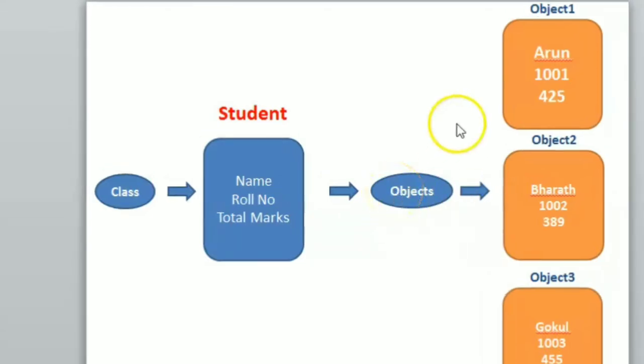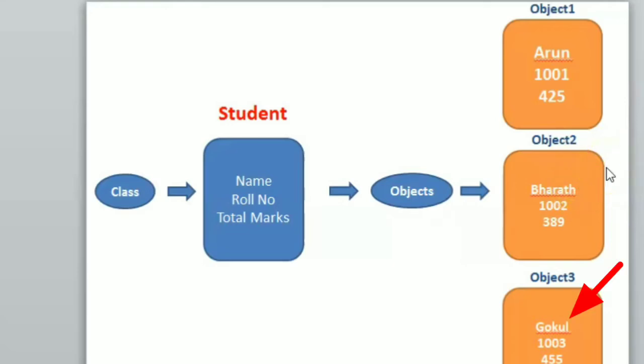For example, the first object contains the variables name Arun, roll number 1001 and total marks 425. We have the second object, or second instance, where the name is Bharat, roll number is 1002 and total marks is 389.